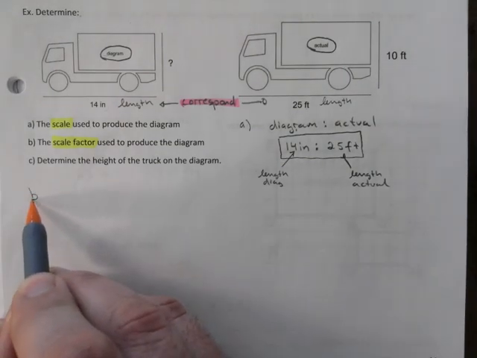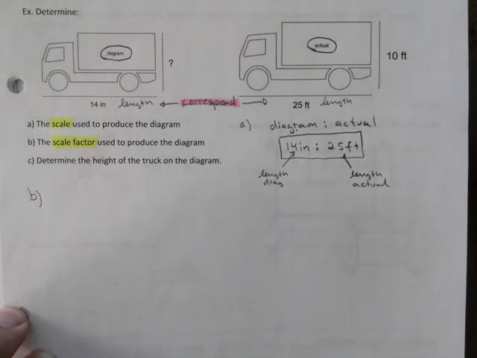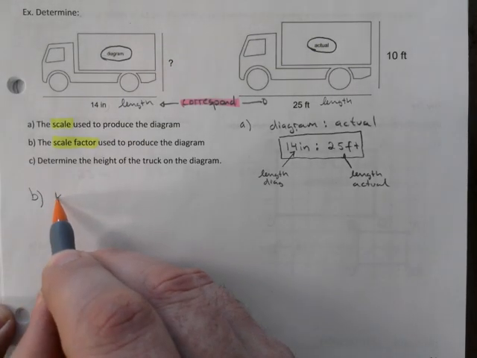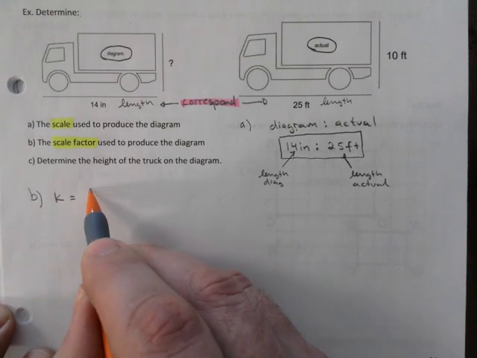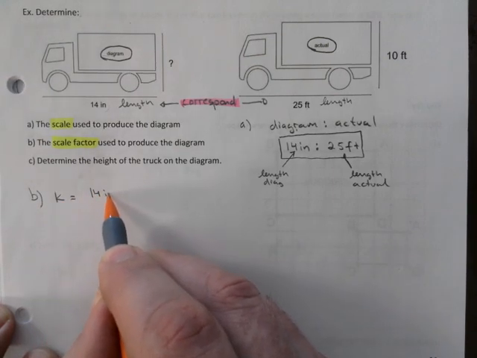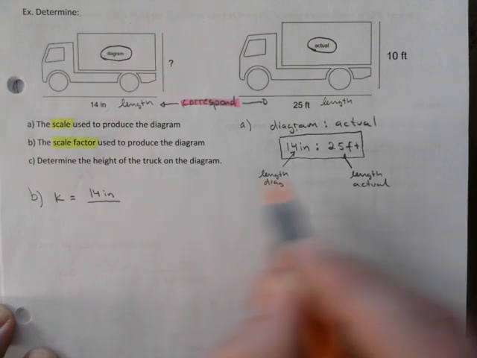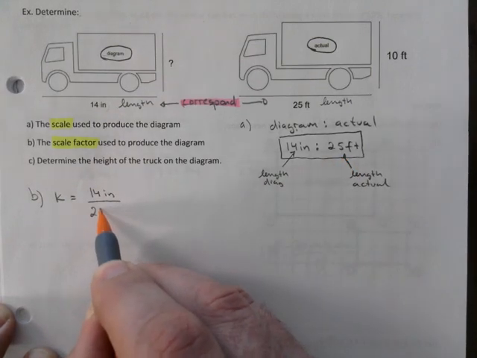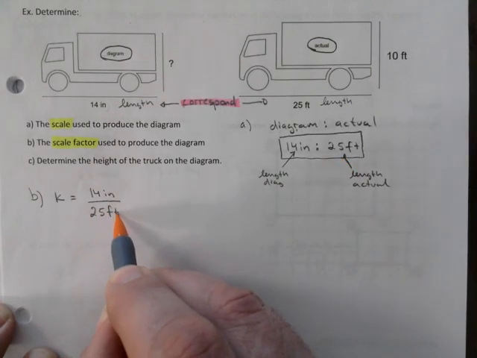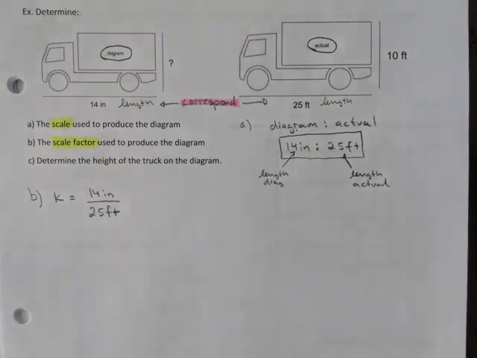Now I'm going to deal with the scale factor. So you're going to practice exactly what we just did. I just did this with you. So we're going to go K is equal to 14 inches over 25 feet. We can't have that, can we?